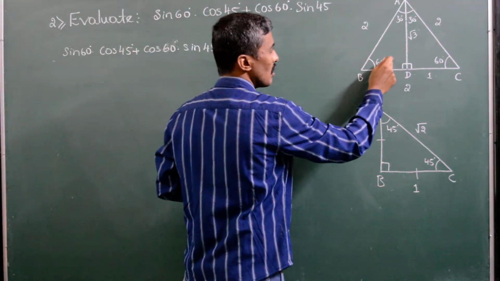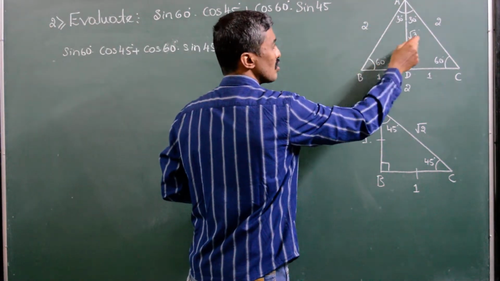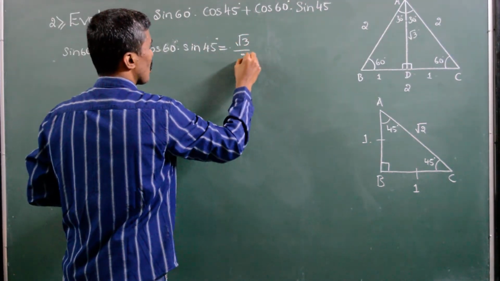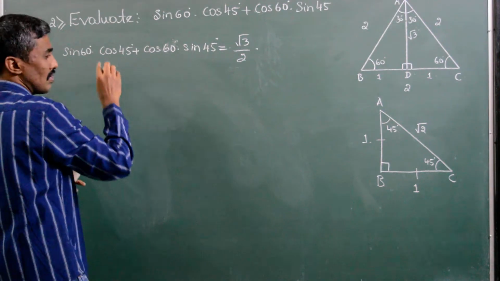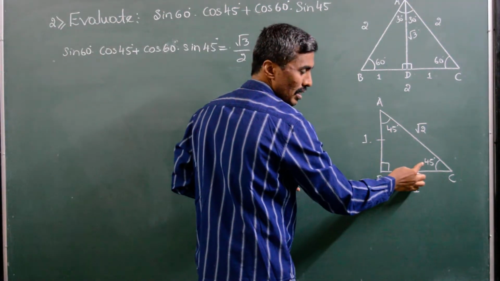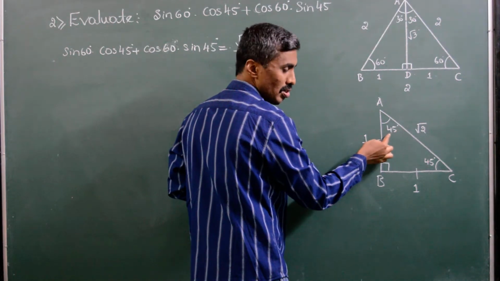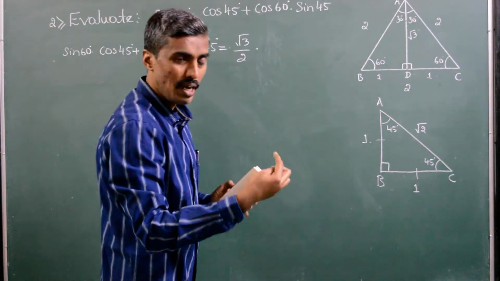Sin 60 degree, opposite side by hypotenuse, root 3 by 2, into cos 45 degree. 45 degree, either you can take at vertex C or at A also. What is cos theta? Adjacent side by hypotenuse.